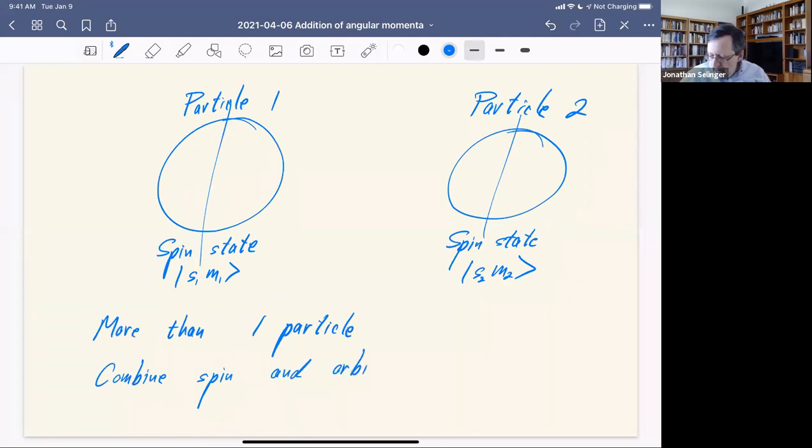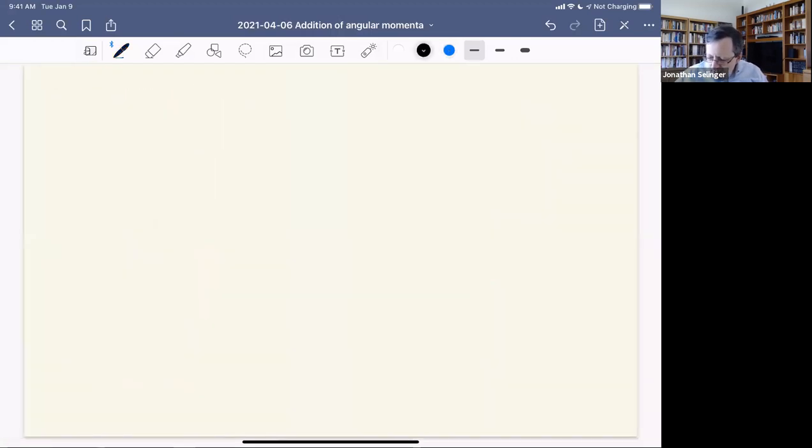If you want to add those two things up to get the total spin plus orbital angular momentum. So this goes by the general theme of addition of angular momentum, and that's the title of a section in the textbook.